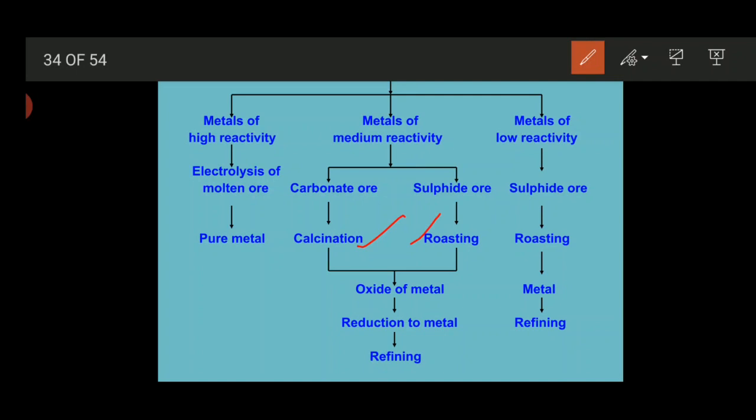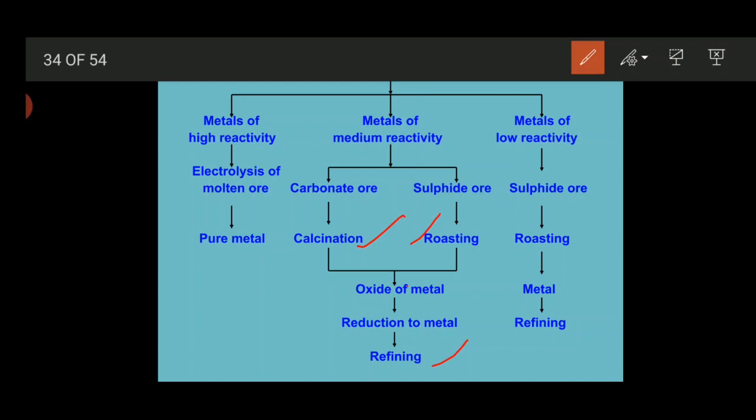To convert the carbonate ore of a metal, we perform the calcination process, and to convert sulfide ore of metals into oxide ore, we perform the roasting process. Then it gets converted into oxide ores, the reduction process is done, and at last refining is done, and we are able to get a purified form of metal.